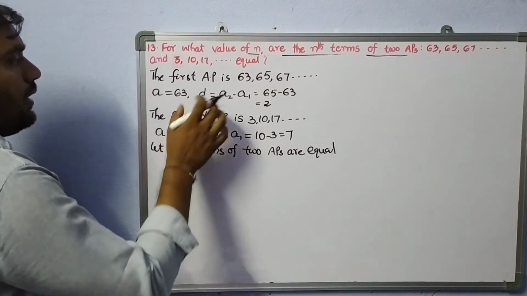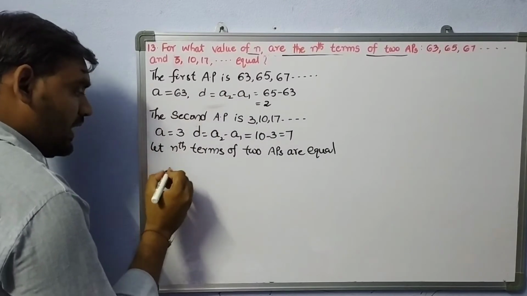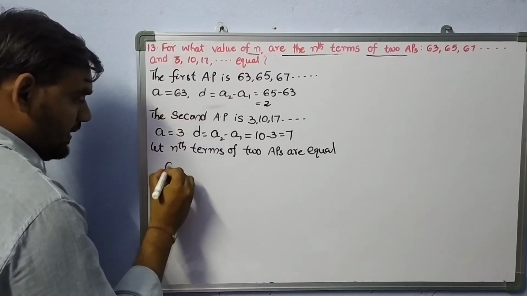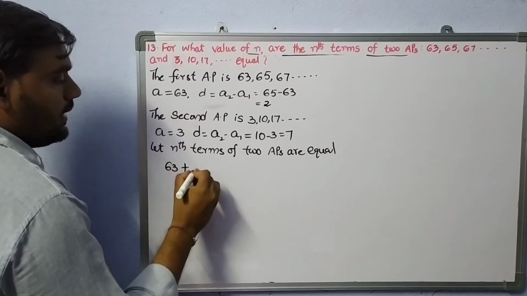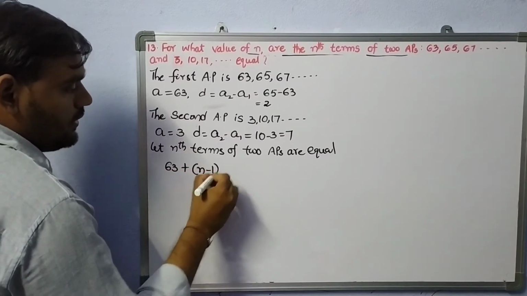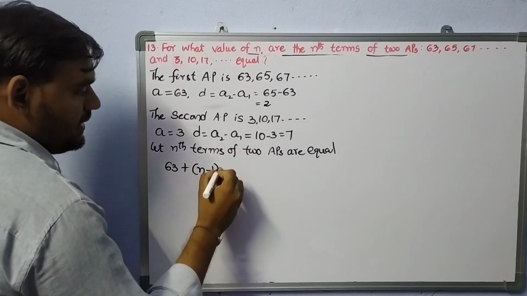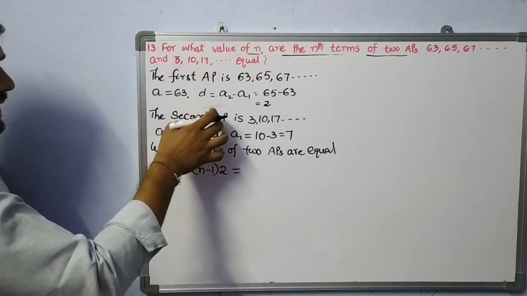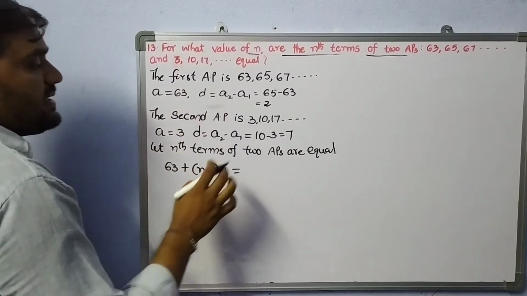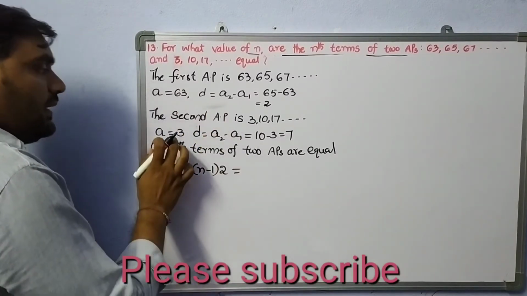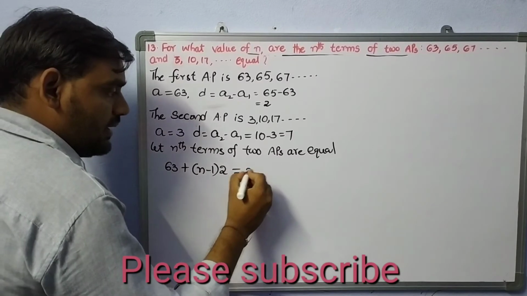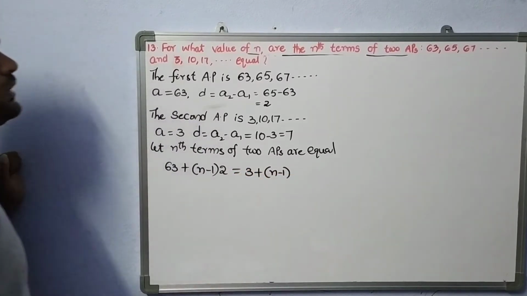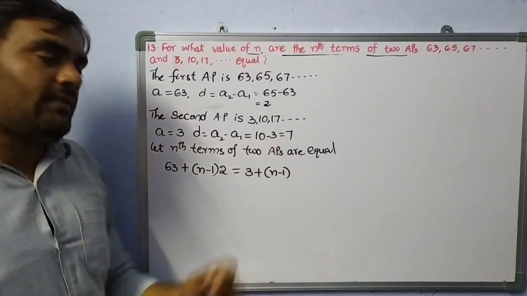See here, the nth term of the first one is A plus n minus 1 into D. So A is 63 plus n minus 1 into common difference D, that is 2, is equal to the nth term of the second arithmetic progression, A plus n minus 1 into D, where A is 3 plus n minus 1 into common difference 7.